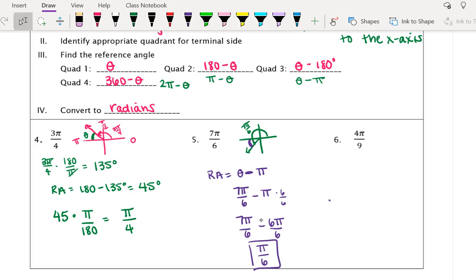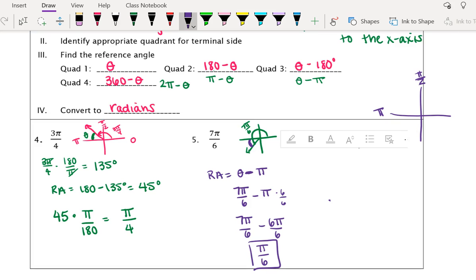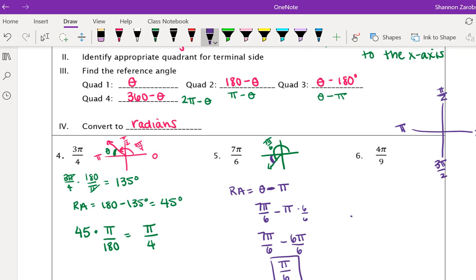The trick is if you know whether it's more or less than 1/2 pi, 1 pi, 3/2 pi, or 2 pi, or 0.